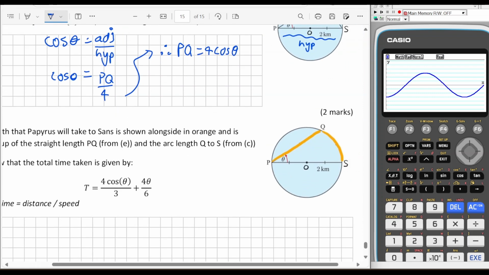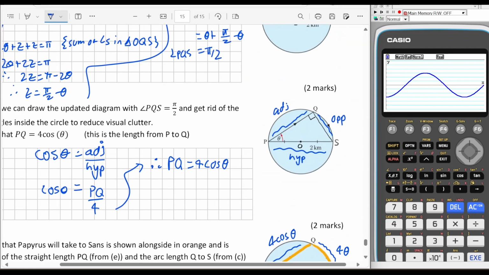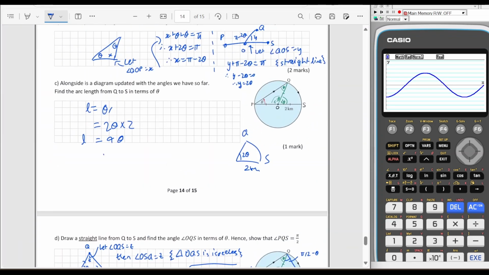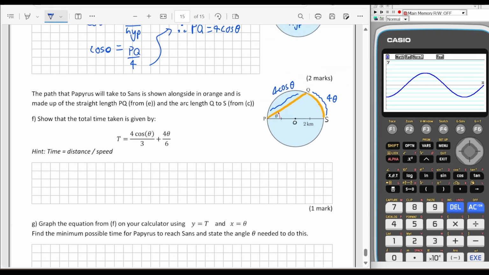Wonderful. All right, so we've got these two lengths. So that one there is 4 cos of theta. And that one all around there we worked out was 4 theta just before. Let's see, what did we work out here? Okay, so time is distance over speed. And you've probably seen where all this formula is coming from now. So T is PQ over water speed, essentially, plus Q to S over land speed.